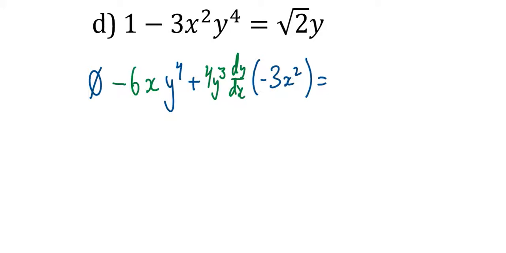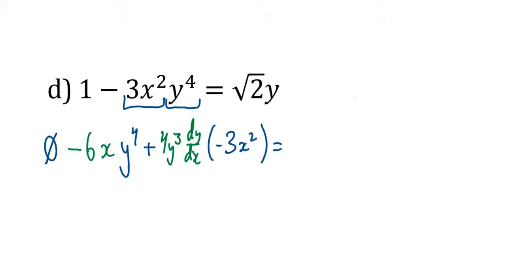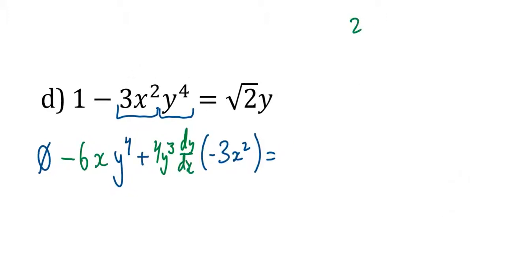People sometimes get confused when it's a root 2 or something like that. It's just a number. What's the derivative of 2x? It's 2. So what's the derivative of 2y? It's 2 dy by dx. So the derivative of root 2y is going to be root 2 dy by dx. So just something to be mindful of. Sometimes people overcomplicate that and forget root 2 is just a number.